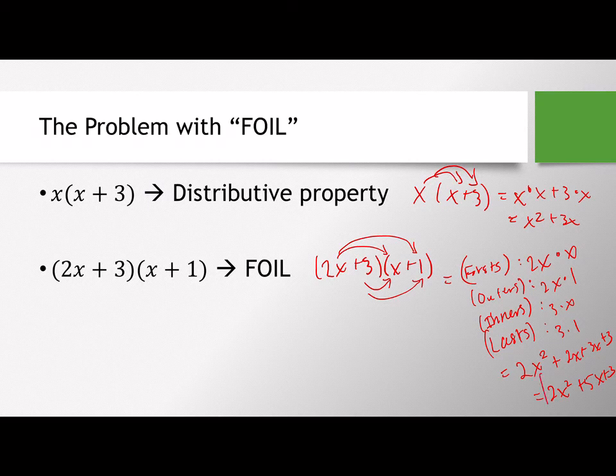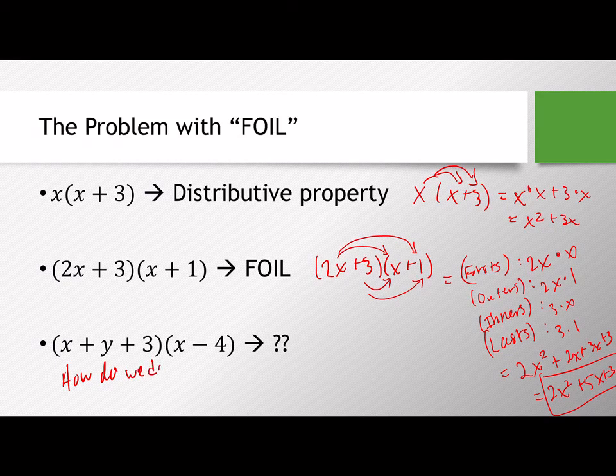So how do you do that with this one? Okay, and that's where the distributive property comes in handy. The problem with FOIL is that it's just for binomials times binomials.